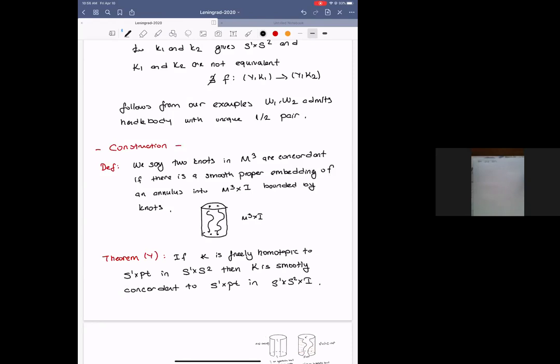No. Why is it not obvious? Because it seems that if you just look at the homotopy path inside this 3-manifold times I, why can you not just trace the path of this homotopy, and that gives you an annulus?